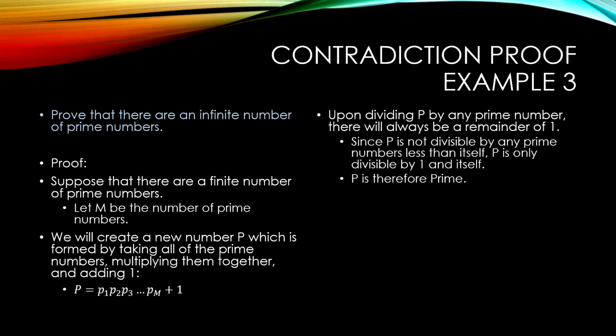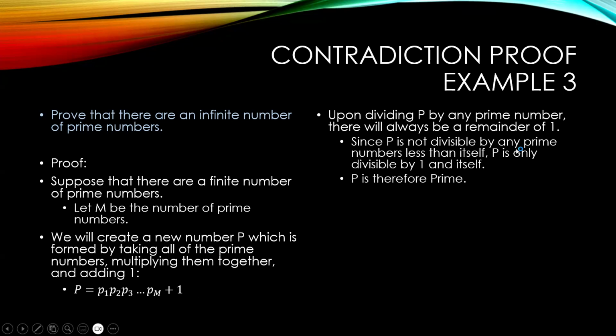Well, if we divide p by any prime number, there will always be a remainder of 1. And so looking at this, if we divided this thing by p sub 1, we would be left with 1. If we divide by p sub 2, we're left with 1. If we divide by any of these primes, we're always going to have a remainder of 1.